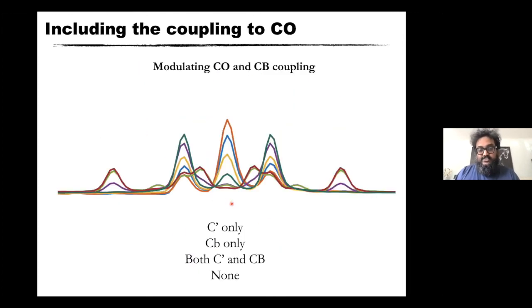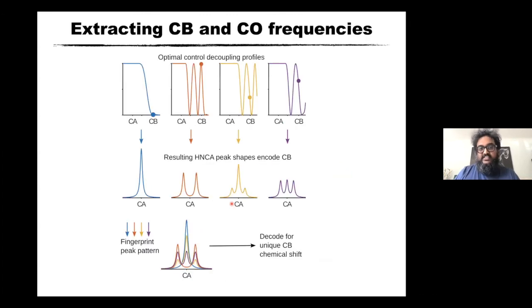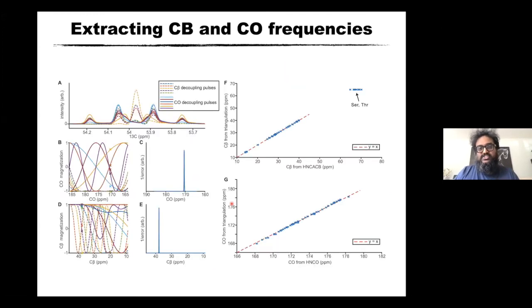Now, using this, and also combining this with the CO frequency, because the C alpha is also connected to CO, we can get intricate line shapes. And using these intricate line shapes, we can not only use them for assignments, we can also triangulate the frequency of your carbonyl and the C beta without ever having C beta or carbonyl transfers.